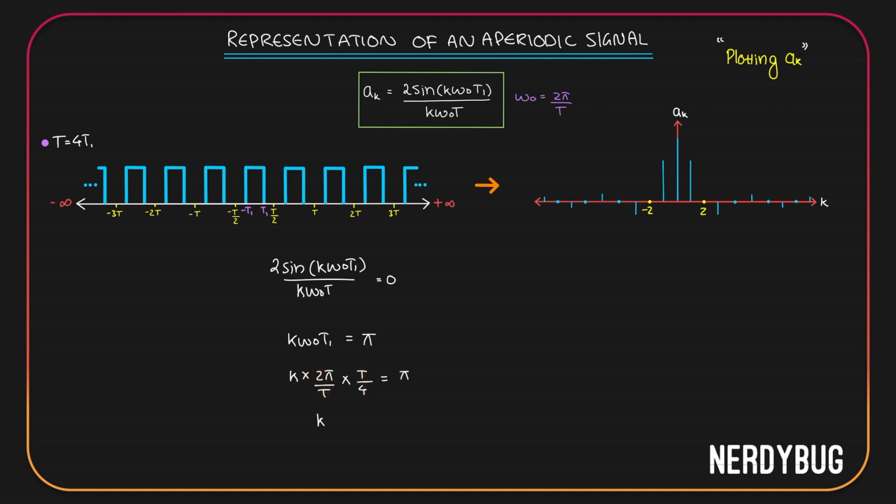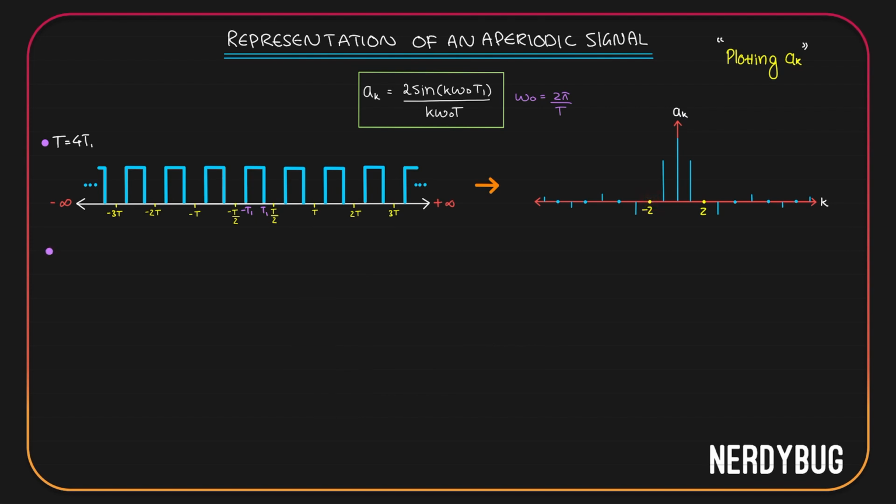So we get k is equal to 2. So k equal to 2 is a point where we get a k is equal to 0. Same way, we can also take the condition k omega naught t1 is equal to minus pi for sine k omega naught t1 being 0. So in this case, we'll get k is equal to minus 2. That is what you can see over here.